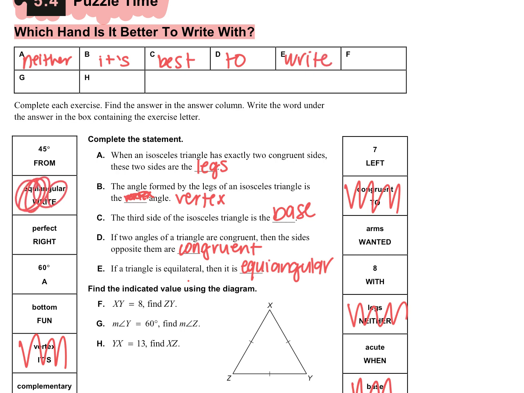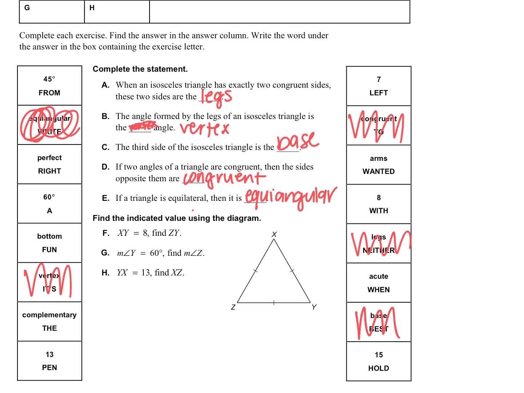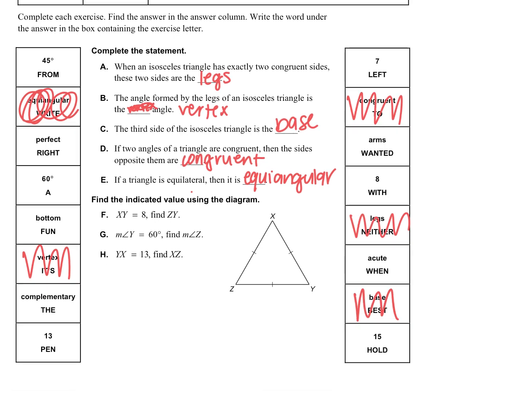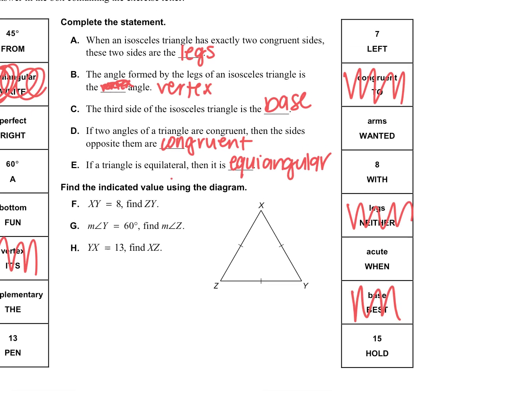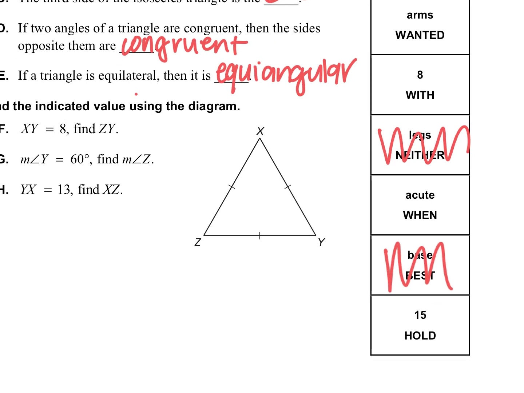All right, some students said they were confused on this part. Please pay attention. What kind of triangle is this? Equilateral. Okay, it's showing me my sides.